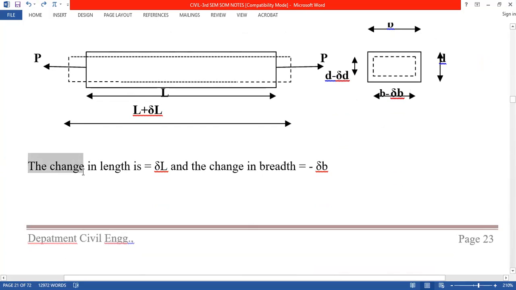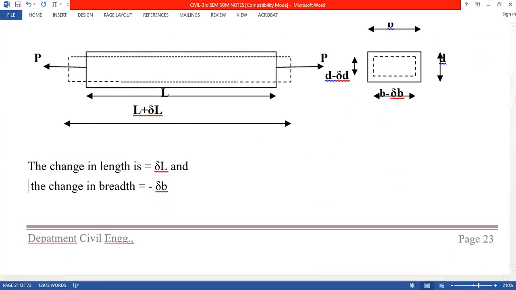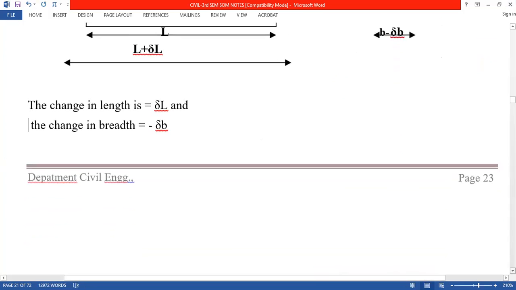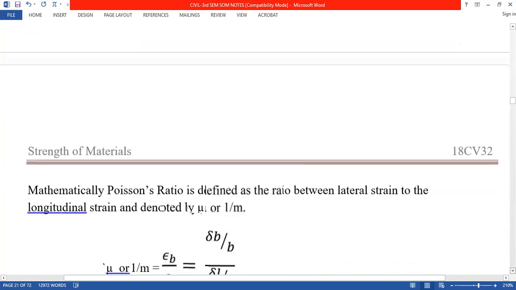So the change in the length is delta L, and along the breadth the change is minus delta B. Along the length delta L, change in the breadth delta B. At the same time, what about depth? Depth is also decreased.